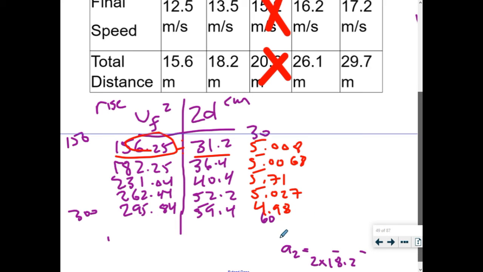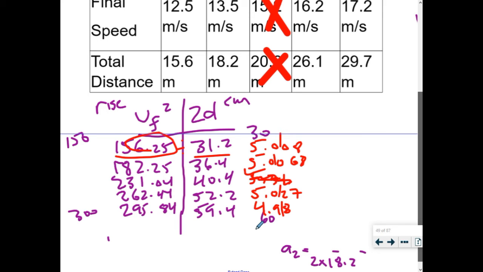What can I say with confidence? To be honest, I could say 5. I think I might have even been able to say 5.0. I'm not counting this point, right? We knew that that one was not being counted. This is 5.0. This is 5.0. This is 5.0. This one would round up to 5.0. So, but this is where you need to choose what the most appropriate precision is.